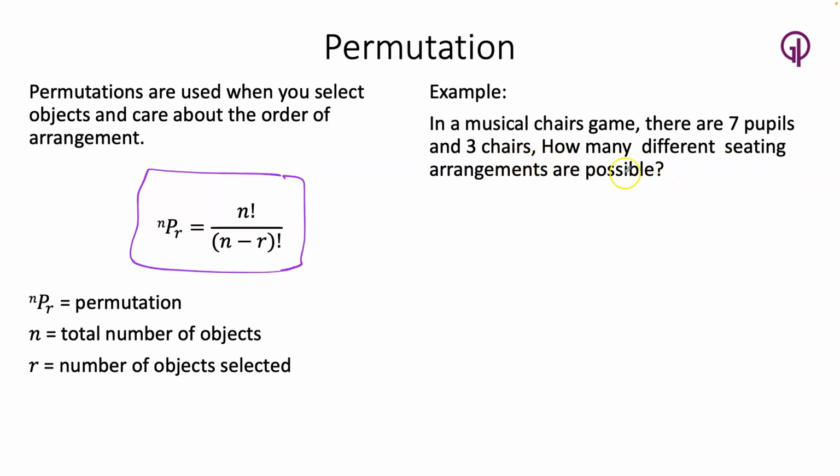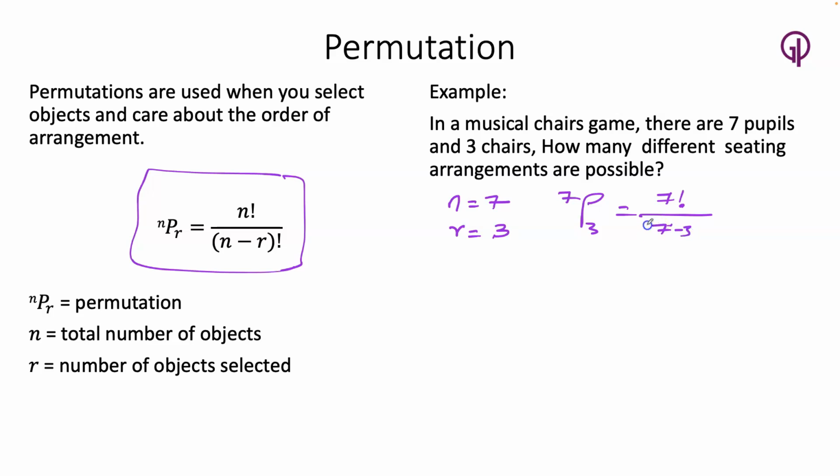How many different seating arrangements are possible? So here straight away you know that n is 7 and r is 3. And so for the formula you have 7P3 is equal to 7 factorial all over 7 minus 3 factorial.